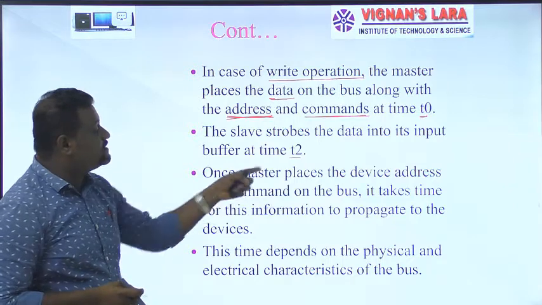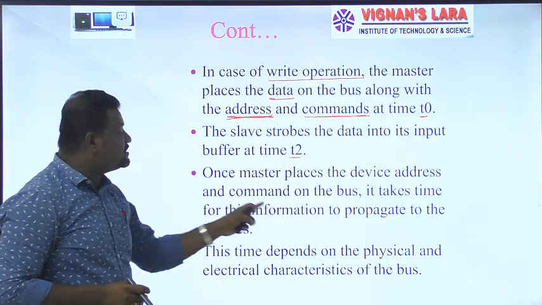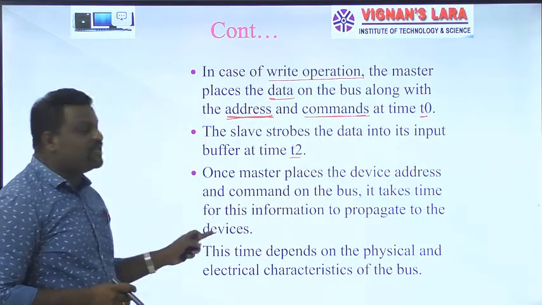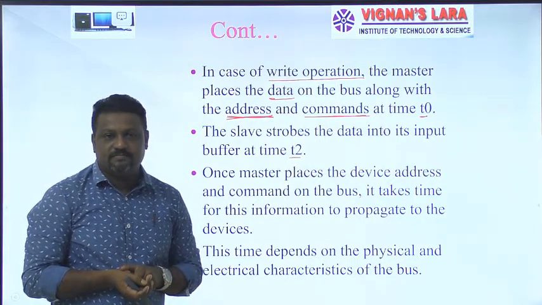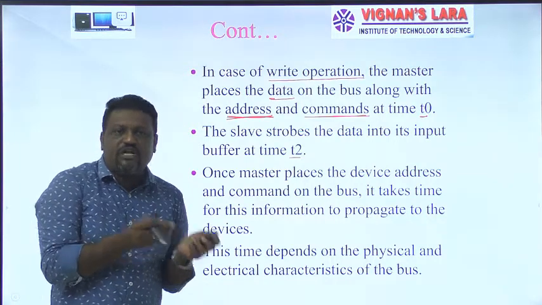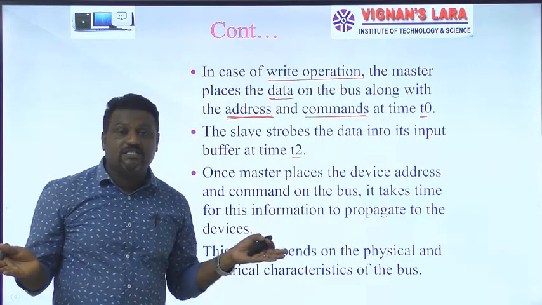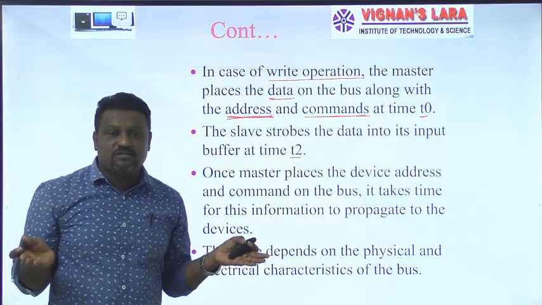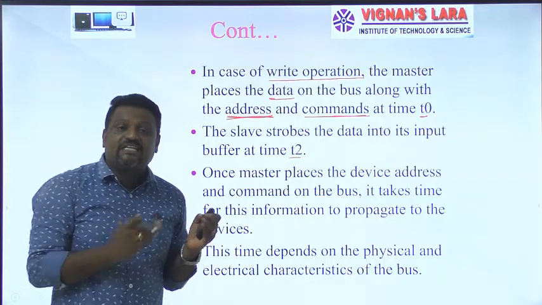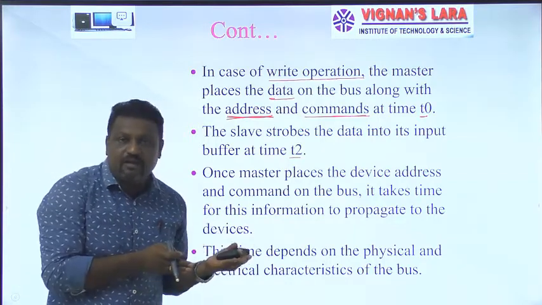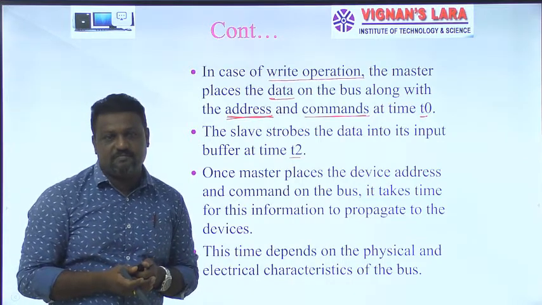Once the master places the device address and the commands on the bus, it takes time for this information to propagate to the devices. It's very important. Because, as I mentioned just now, an important point is that data transfer takes multiple cycles. Why? Because there I clearly mentioned that the data transfer depends on the speed as well as the distance between the devices.